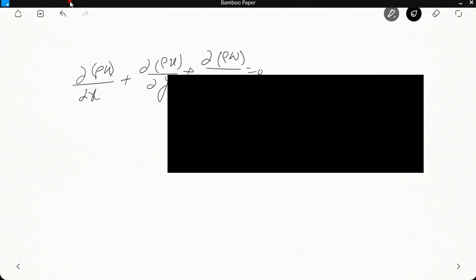That's our governing equation, the continuity equation.